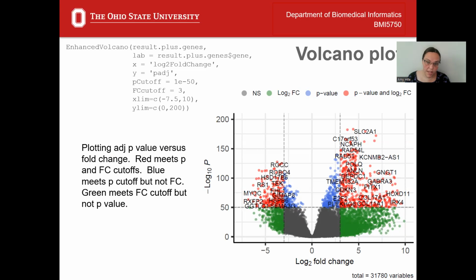In the volcano plot, we'll plot the fold change on the x-axis. So a higher positive fold change will be on this end, and a more negative fold change will be on this end. And then it plots the p-value on the y-axis. But this is the negative log of the p-value.